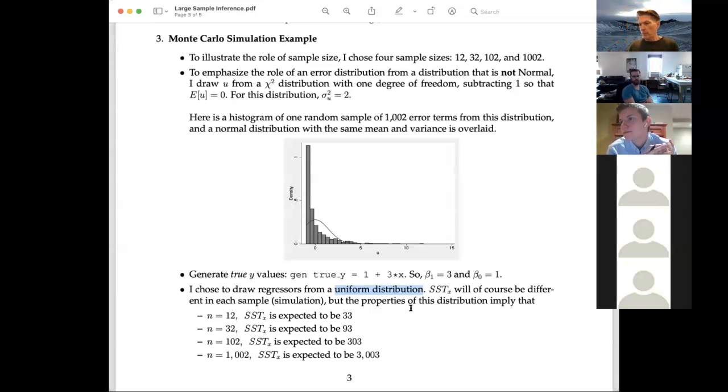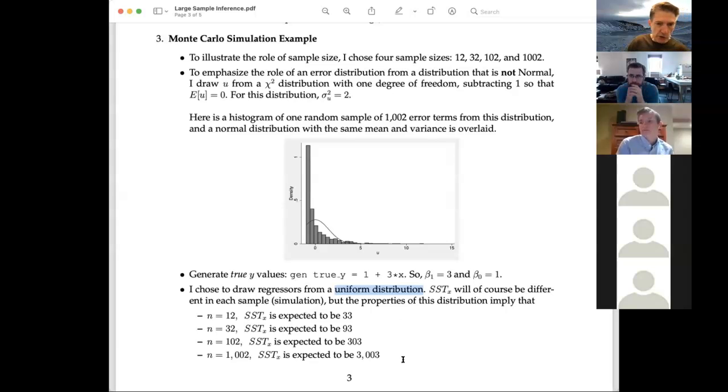It could be some other distribution, but if you don't like that, you go run your own darned Monte Carlo simulation. This is what I chose, and if you want to make different choices, you could, but it doesn't affect the theoretical predictions, because no theoretical prediction that we make says anything about the distribution of x, so long as x is not correlated with the error term.